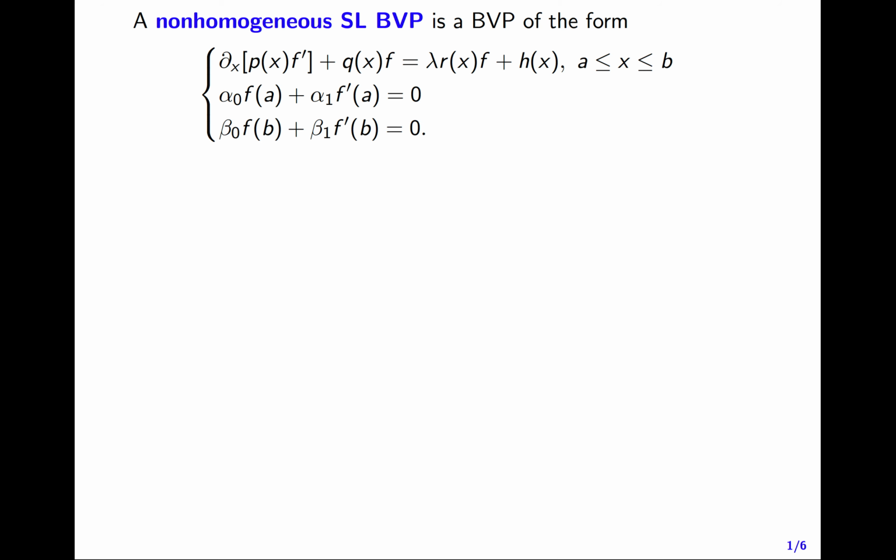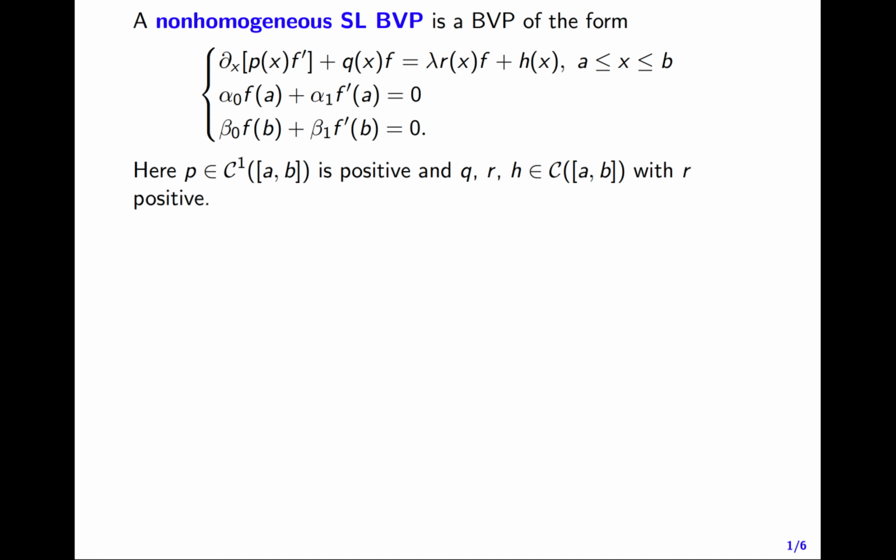is the desired unknown, coupled with the two boundary conditions, alpha 0 times f of a plus alpha 1 times f prime of a equals 0, and beta 0 times f of b plus beta 1 times f prime of b equals 0. Here, as before, p is continuously differentiable and positive, and q, r, and h are all continuous, and r is positive.